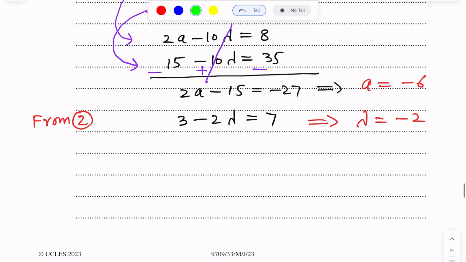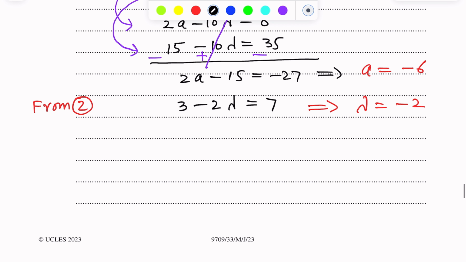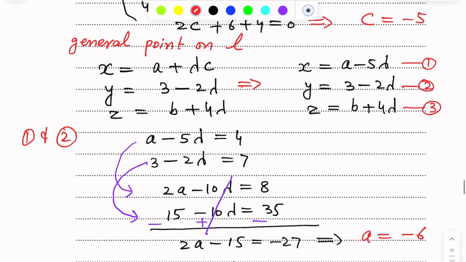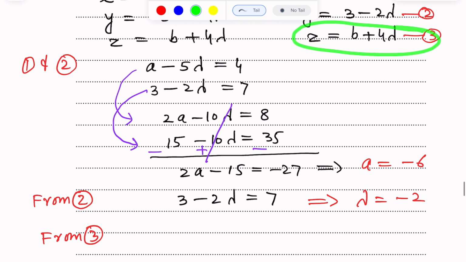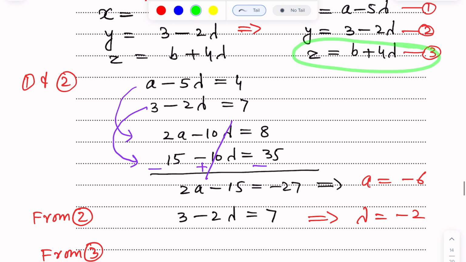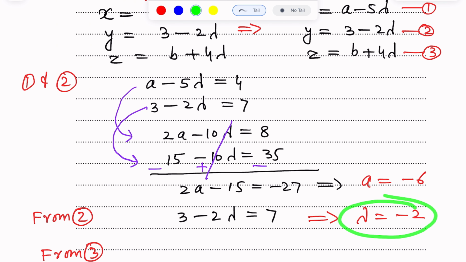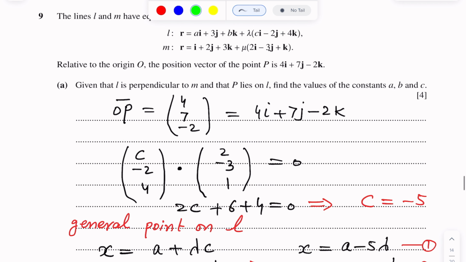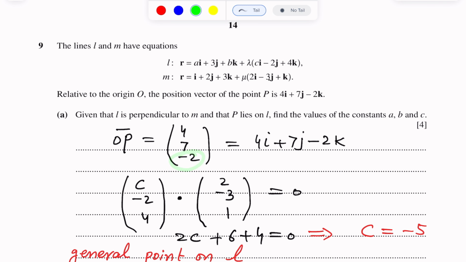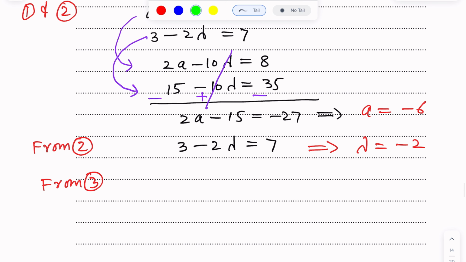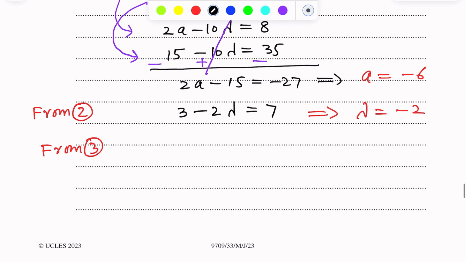Now easily we can find the value of b from equation number 3: b plus 4 lambda, lambda we have found already, is equal to z, and the z coordinate is minus 2. So from equation number 3, we will write b plus 4 into minus 2 is equal to minus 2.